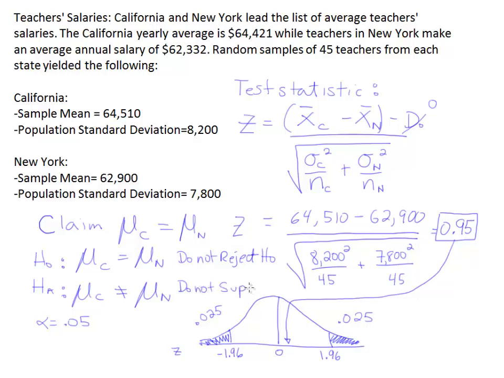If you don't reject, you don't support. And that means that as far as our claim is concerned, it's a null hypothesis, so we're going to say we do not reject the claim. So that's our final conclusion, essentially, that we do not reject the claim. So let's try to remember that that's the wording we need to use. We cannot reject the claim that the two means are the same.